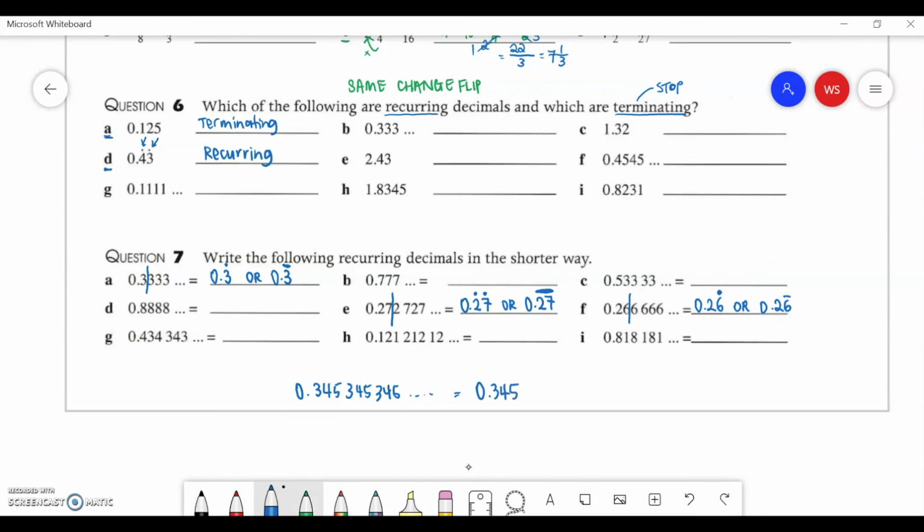That's because it starts to repeat after that with 345, 345, and 345. So as you put your dots above your numbers, it should be at the starting number where it repeats, that is 3, and the ending number where it ends with 5 over there. So if you express this as bar format, so that's 0.345 with a bar going through 345 from there.